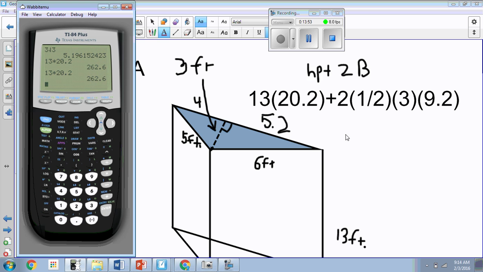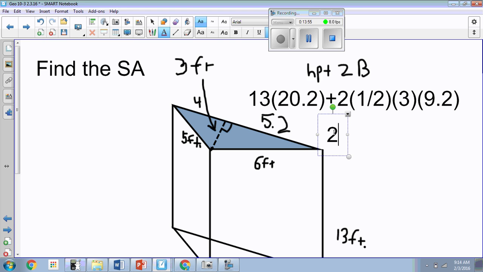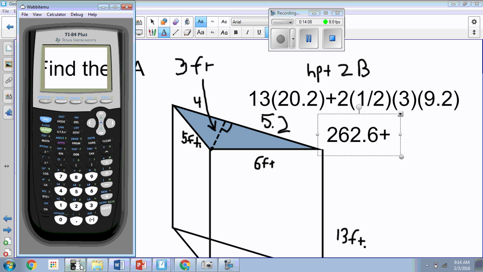That's 262.6, plus 2 and 1/2 cancel, but 3 times 9.2. We probably want to check on the calculator. Should be around 27.6.